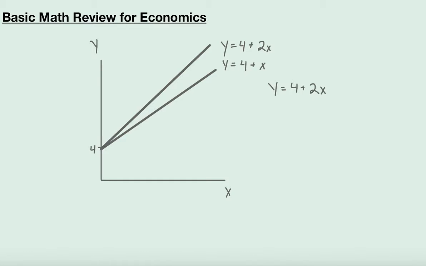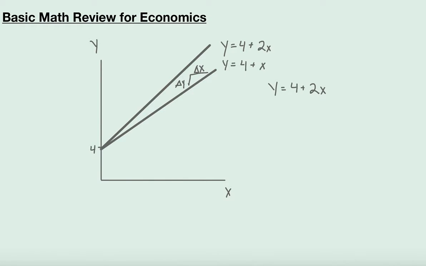In case you've forgotten the way that we find the slope, if we're given a line and we're looking for the slope, it's going to be the change in y over the change in x, so delta y over delta x. That gives us the basic rise over run that you've been working with since about 7th grade.